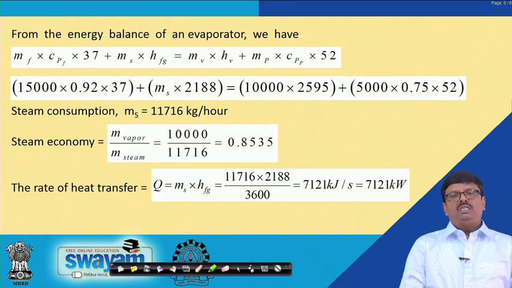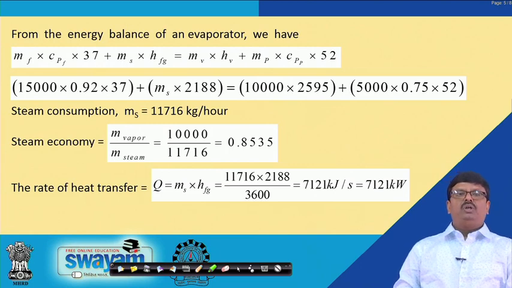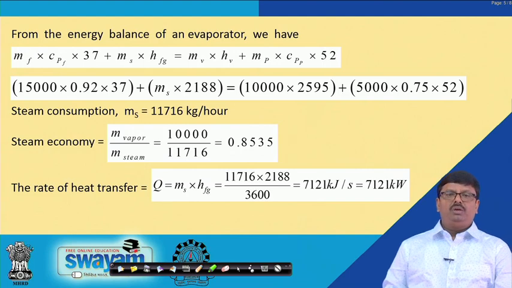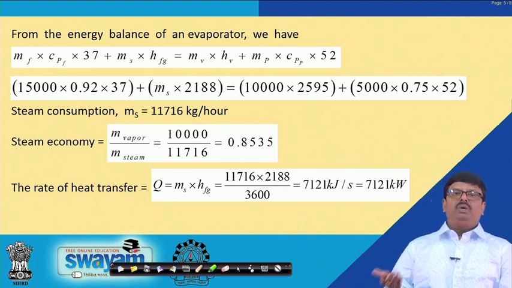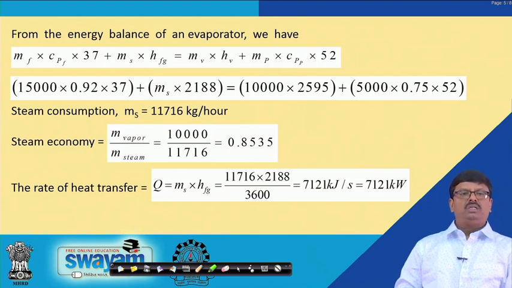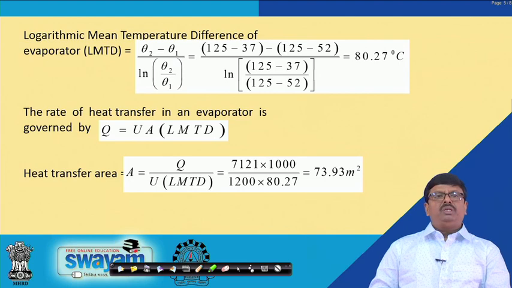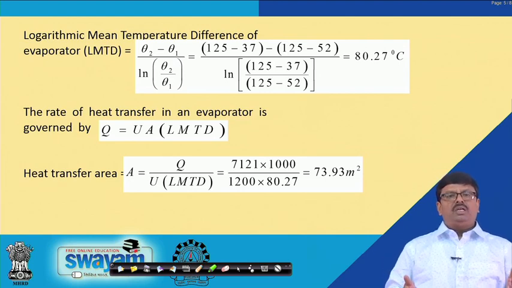this steam economy always should be less than 1 for a single effect evaporator, and the rate of heat transfer that you have got is 7121 kilowatt by this principle, Q equals mCpΔT, where this mCpΔT had better be replaced by H. So, this mass and enthalpy we can consider for calculating the heat transfer rate. And then the logarithmic mean temperature difference, this is the LMTD.